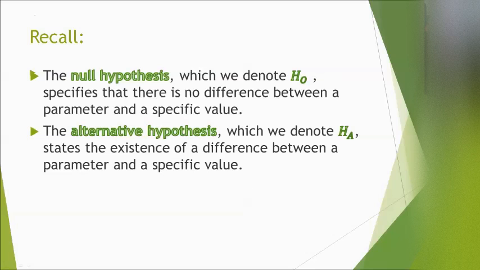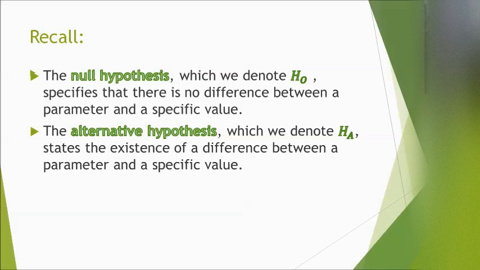Okay? So we're going to start to recall the definition of the null and alternative hypothesis. Now, the null hypothesis is denoted by H sub 0, H meaning hypothesis, 0 means null. It specifies that there is no difference between a parameter and a specific value.